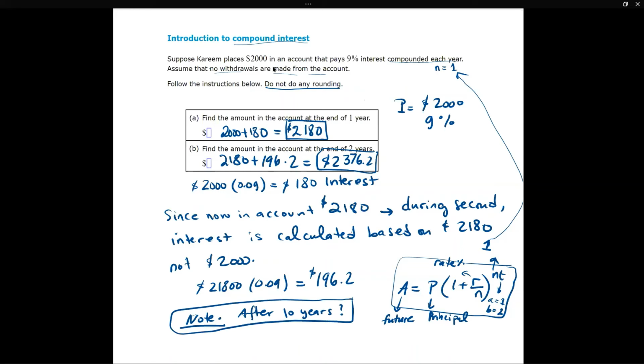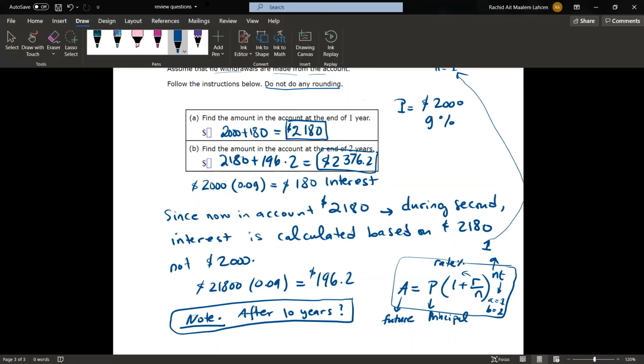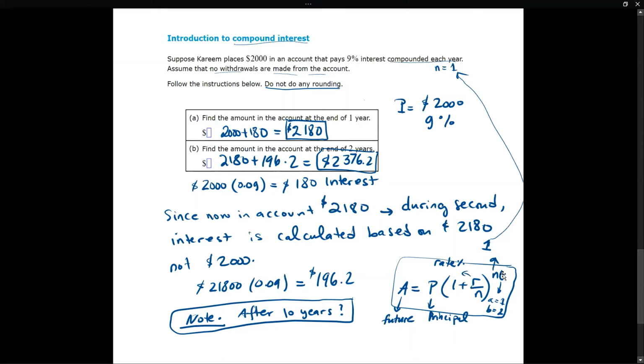So are you going to do this manually? You do year 2, figure out what it is, you do year 3, 4, and so forth, or you're going to just use the formula. So that's where the power of the formula will come in, where you just put 10 there and you get your answer in one formula instead of doing this many times.